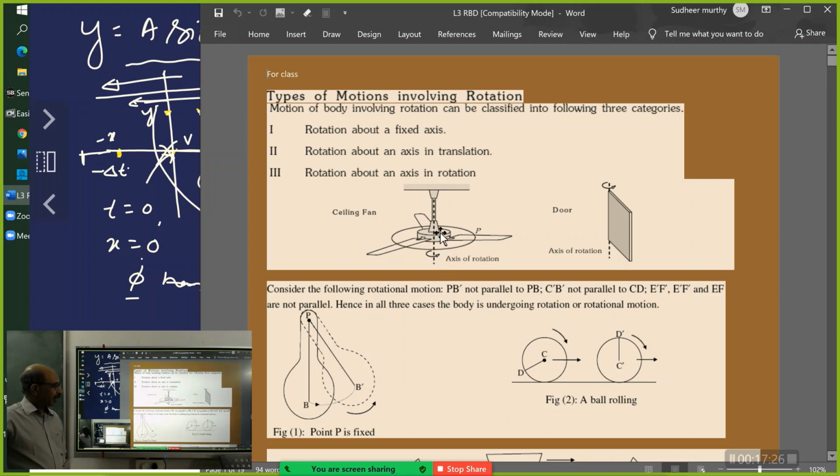Each particle is moving in a circle, and the center of each circle is along the axis. So the axis has all these conditions.